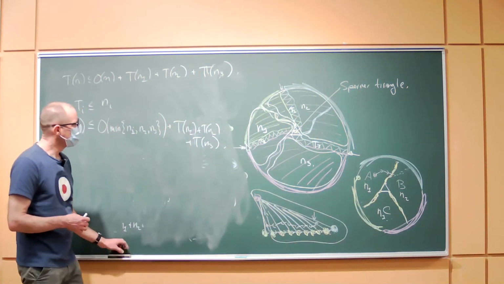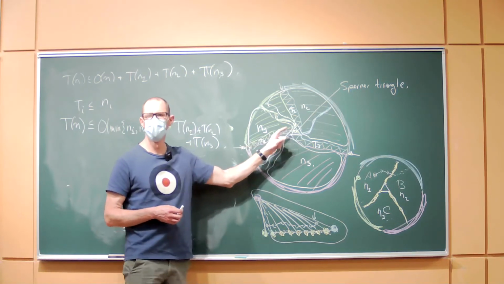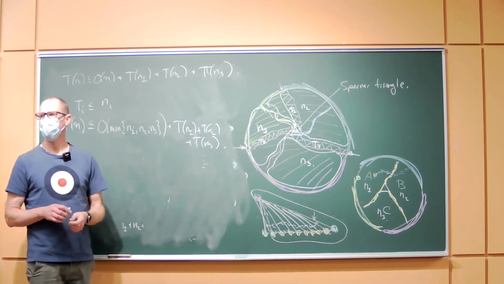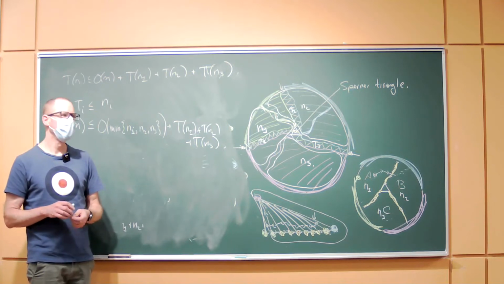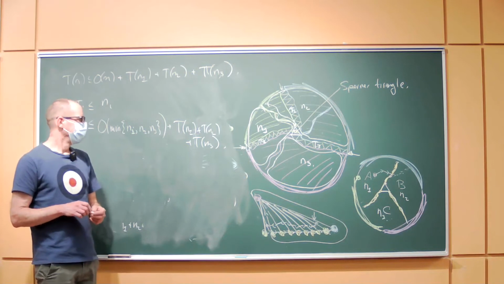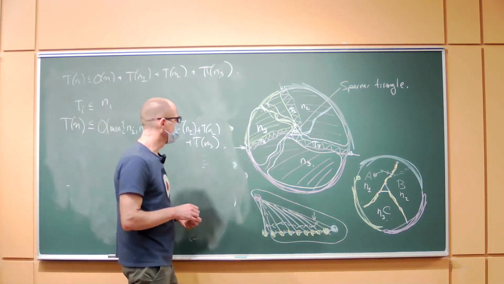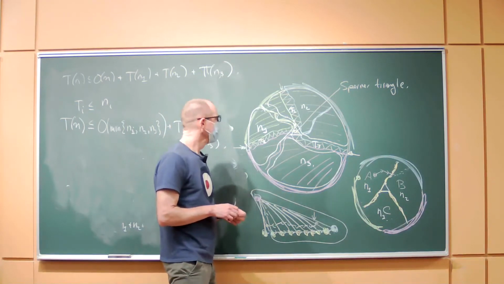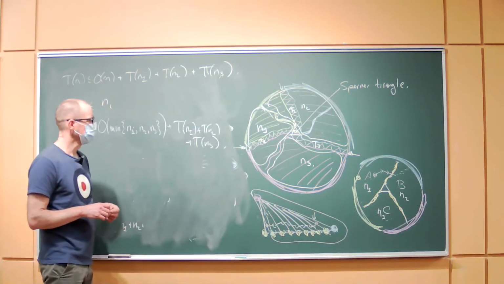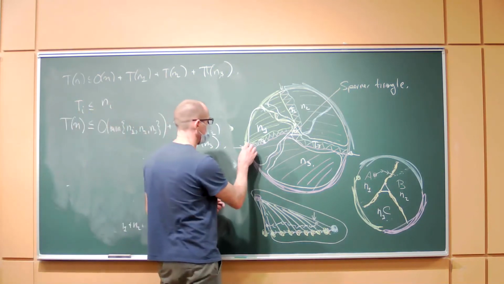Can I really walk down one of these tunnels in time that's proportional to the length of the tunnel? To determine the color, you have to walk all the way back through. So to determine the color of a vertex, I have to take a walk, and that's not so good.